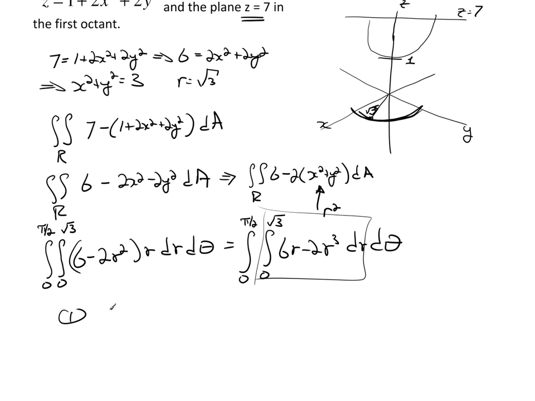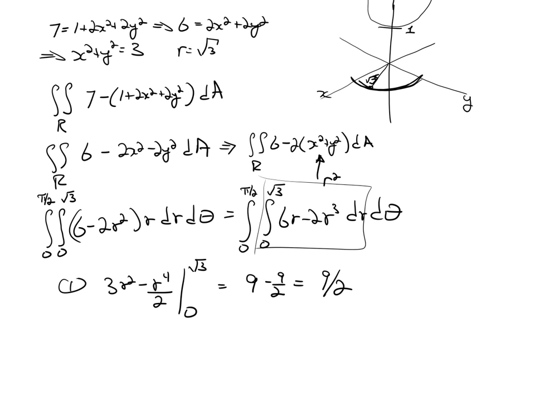This is going to be equal to 3r squared minus r to the 4th over 2, because the 2 cancels, r squared, gives me 3 up there. Evaluate from 0 to root 3, which is 3 times 3 is 9, minus 9 halves. So that's just going to give me 9 halves. So that's the first part.